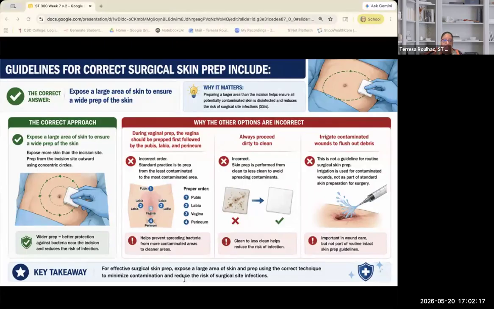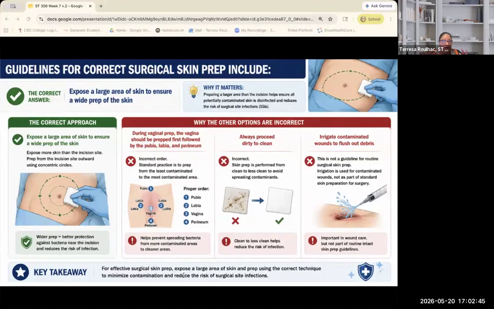Now, one of the big things about this concept, because they're going to throw it at you a lot of different ways, is that we're always thinking about patient safety, especially during surgical procedures. If you see this concept again, start thinking about extending incisions.